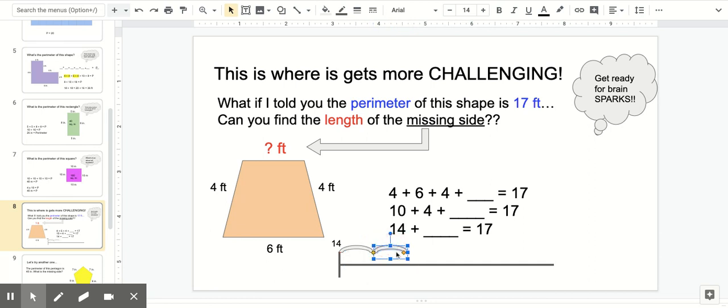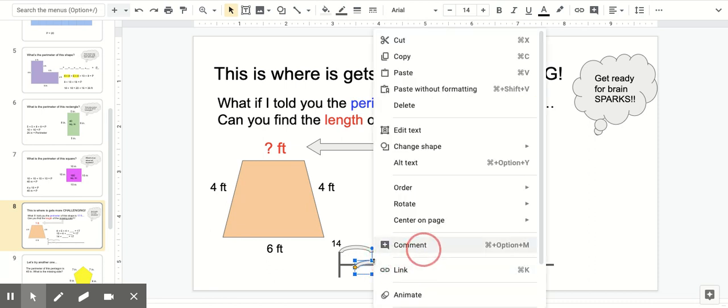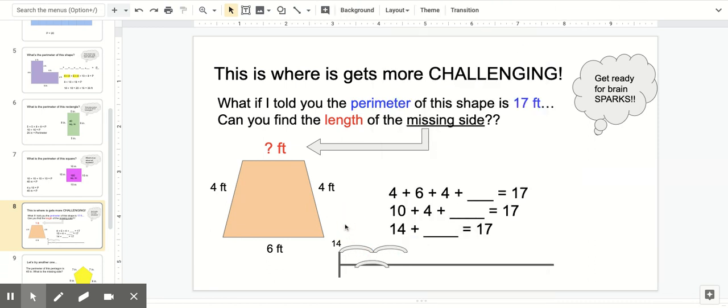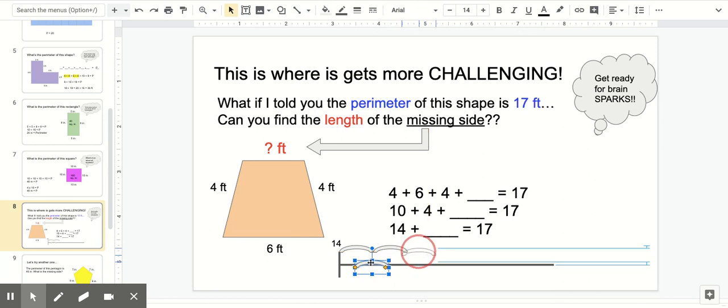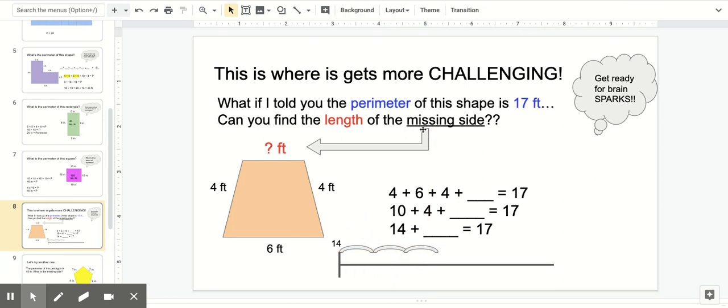That's going to get me to 16. I'm going to need to jump again. And that's going to get me to 17. So that means I jumped 3 times. 1, 2, 3. That's our missing side. Our missing side equals 3.